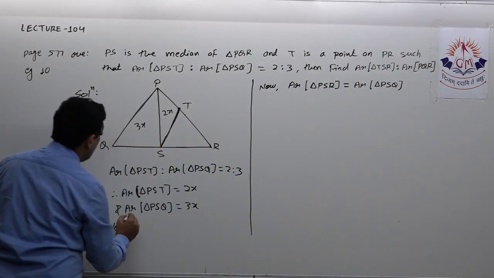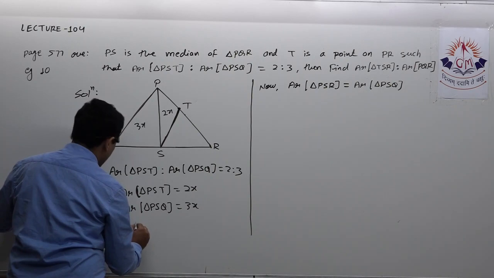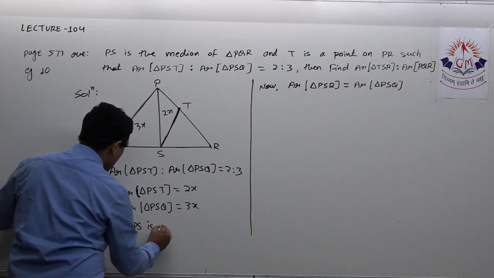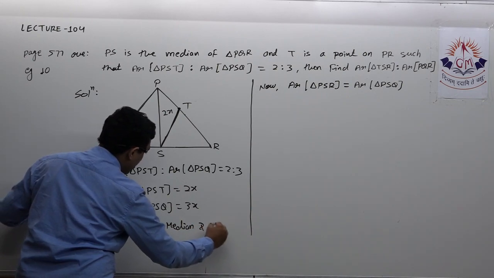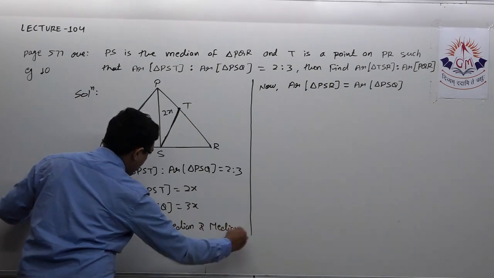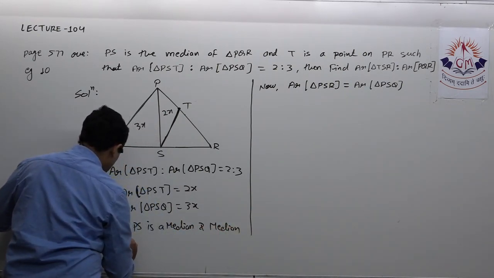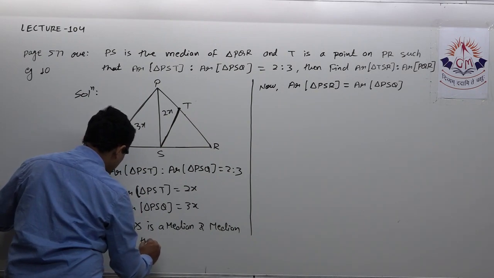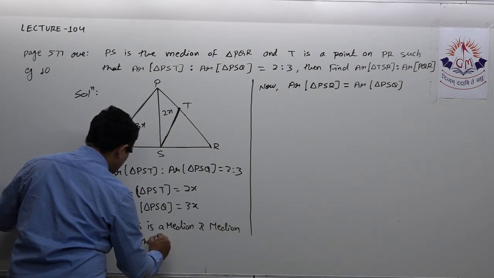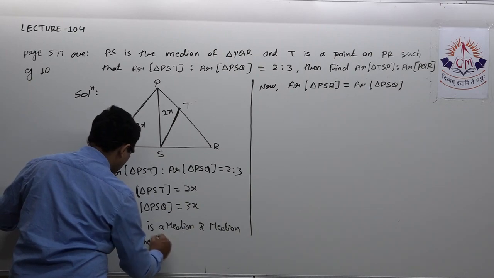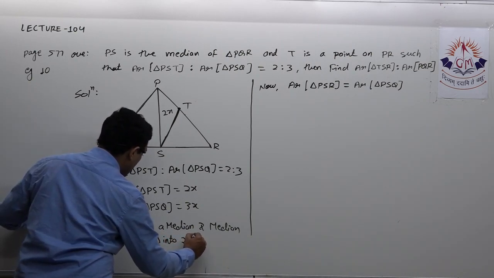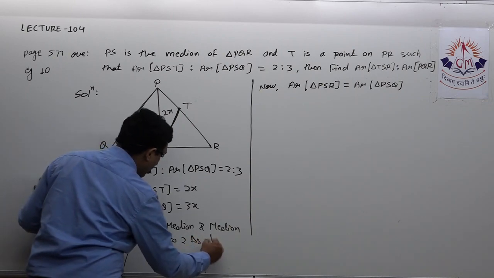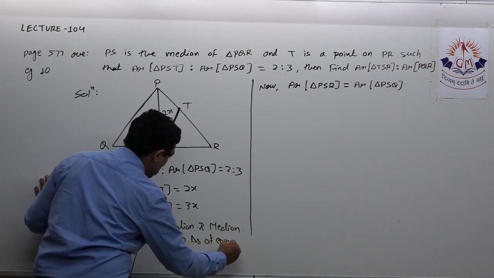PS is a median, and a median divides the triangle into two triangles of equal area.